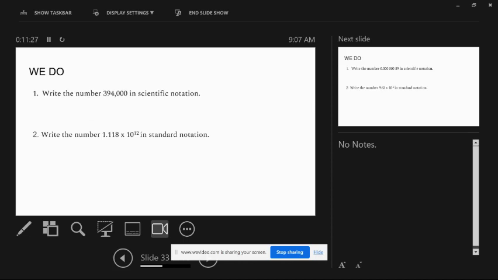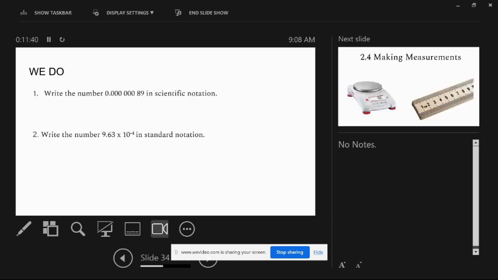All right, then you should have written this one in scientific notation, so that would be 3.94 times 10 to the 5th. And then this, oh, this is the same number. This is the same thing. Okay, there we go. So 8.9 times 10 to the negative 7.